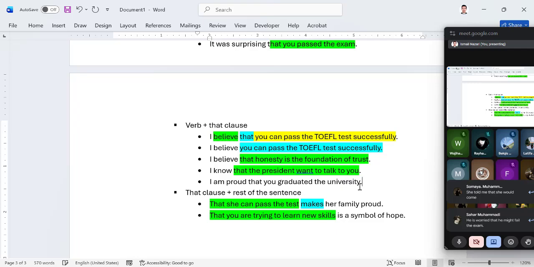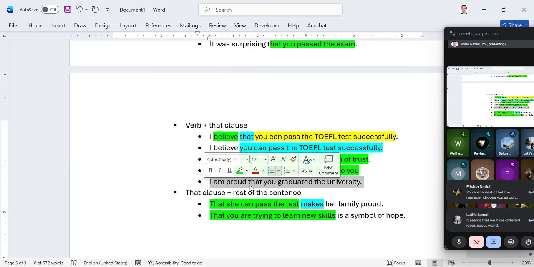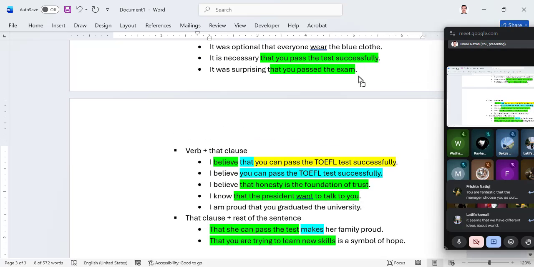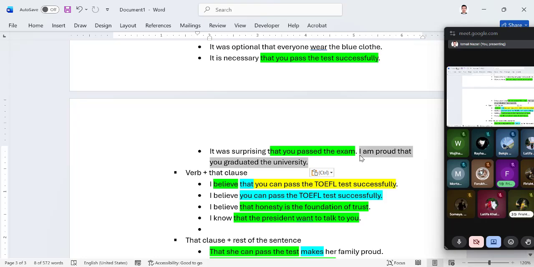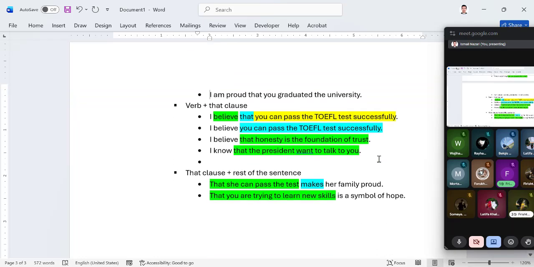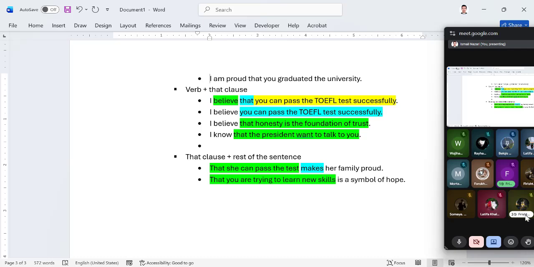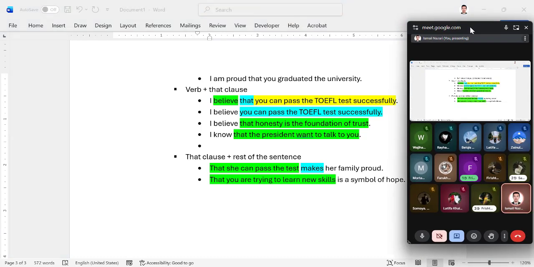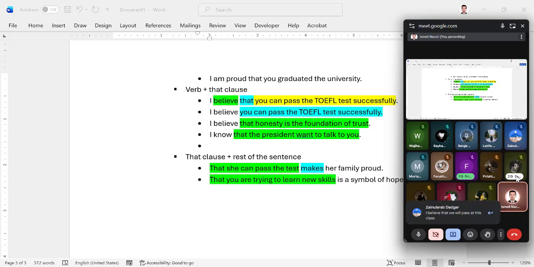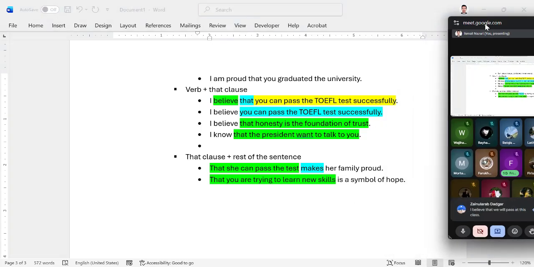Yeah. So here it is the complement of the sentence. So that's it, Miss Sahar. I believe that we will pass. Very good.